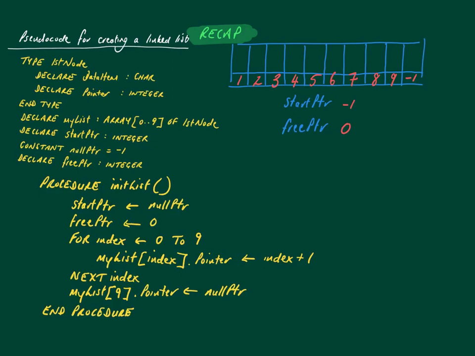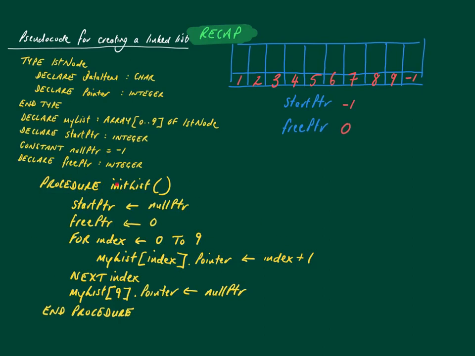For the purposes of implementing this in a high-level language, we declare a list as a one-dimensional array of nodes. This means that we can utilize the indexes of each of the elements in the array to identify each of our nodes.